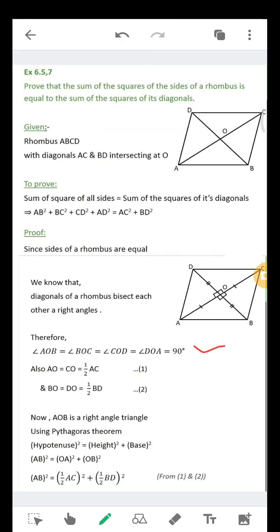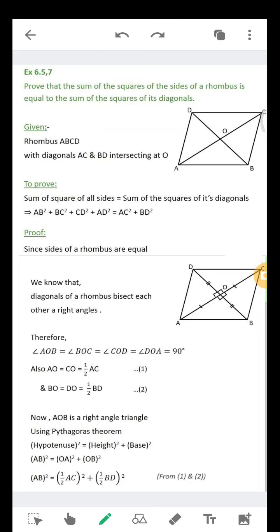So each of the angles AOB, BOC, COD, DOA will be equal to 90 degrees. And since diagonals bisect each other, I can say AO is equal to CO as well as BO is equal to DO. This is also a property of a rhombus which we studied in 9th class.